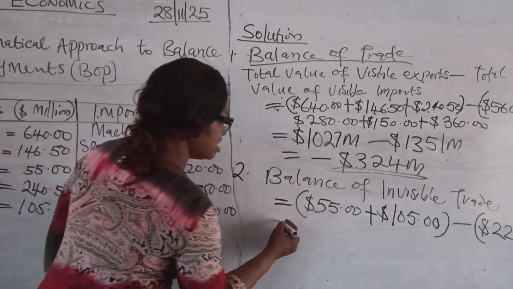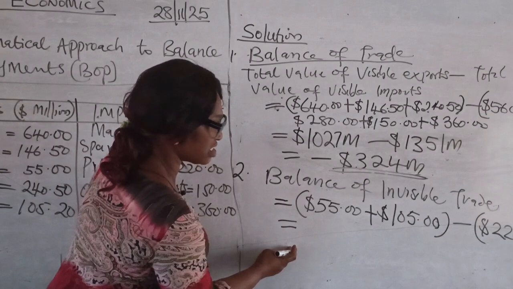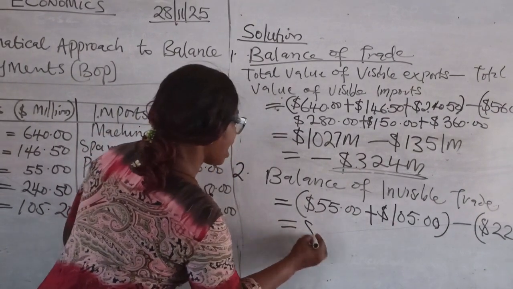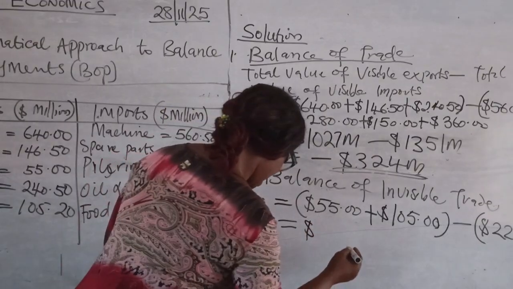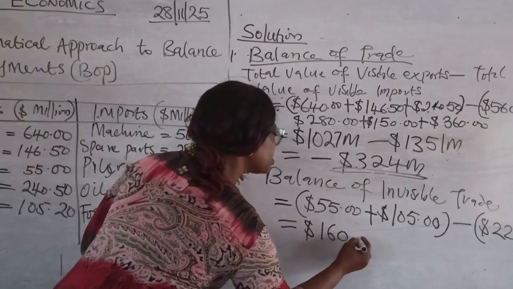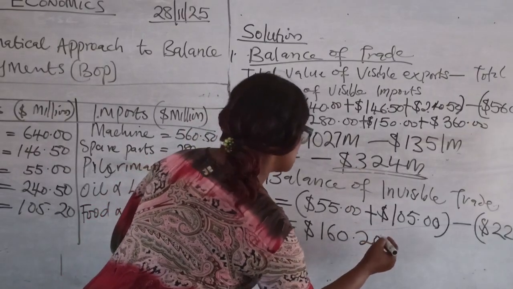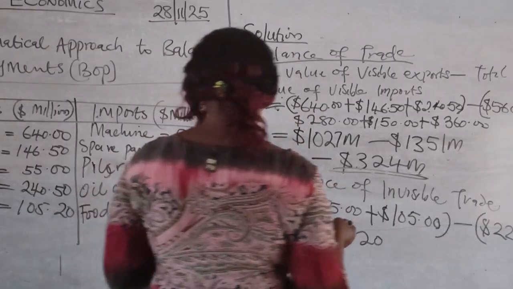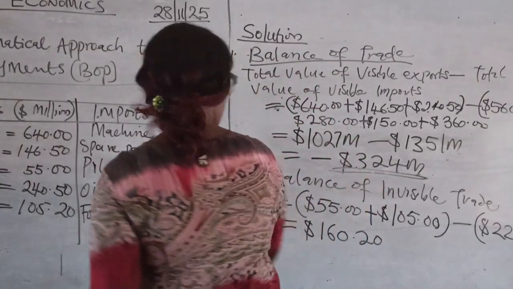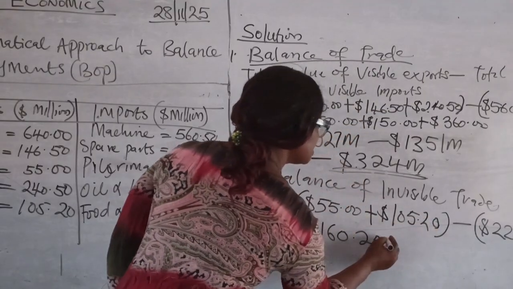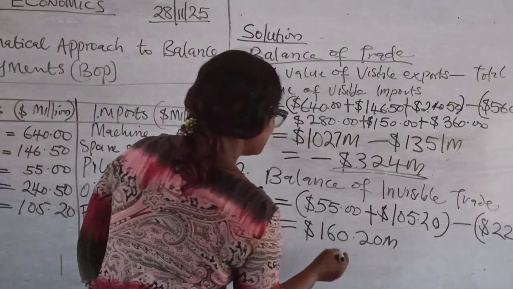So let's add the invisible services under export. When we add these two, we are going to have 160.20 million. Okay, sorry, I have 20 million here.